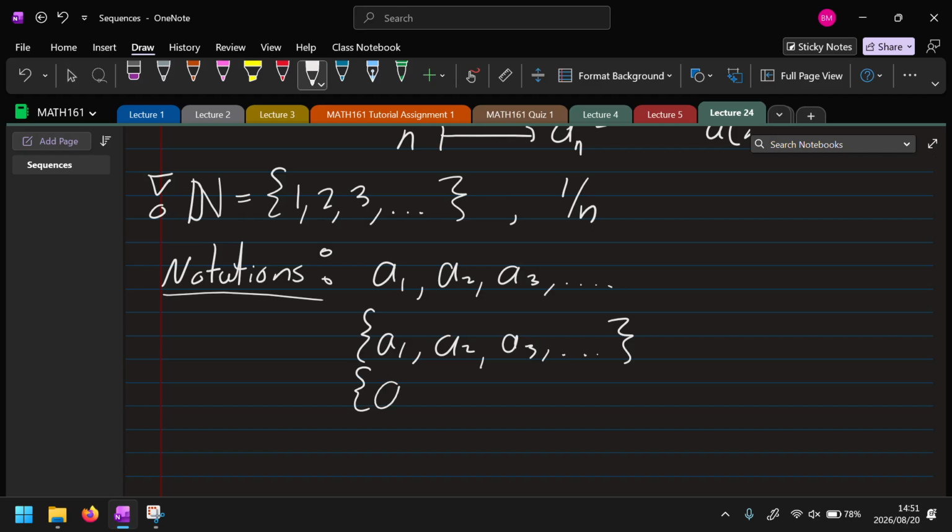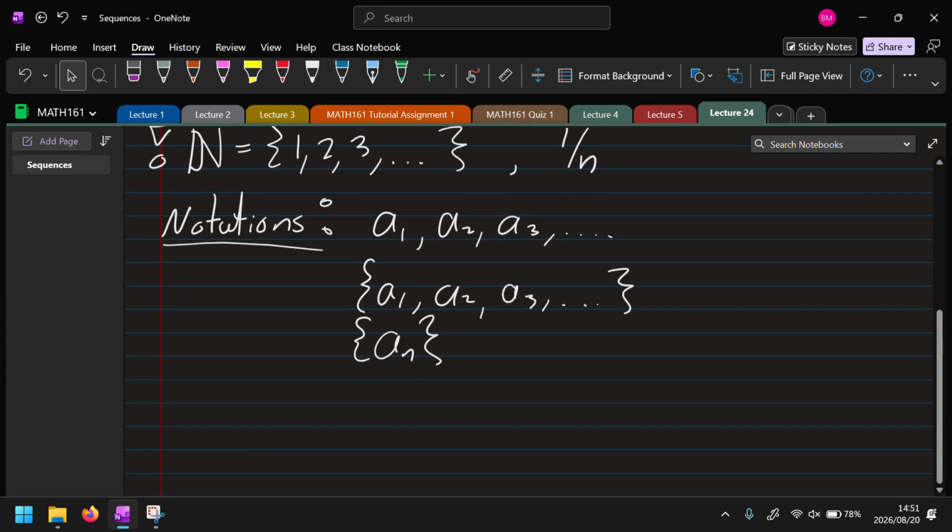Another notation is you just write it like this. So you have a sub n, whatever that may be, and then you put the set brackets. You might see that. And then something a little different from that is we have a sub n, and we say n goes from 1 to infinity. Again, it's just notation. It all means the same thing. We're going to be using that first one. So I'm just going to list them out.